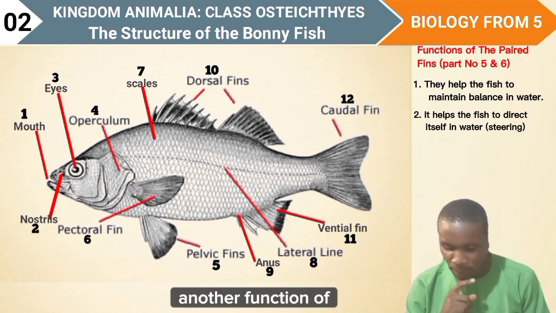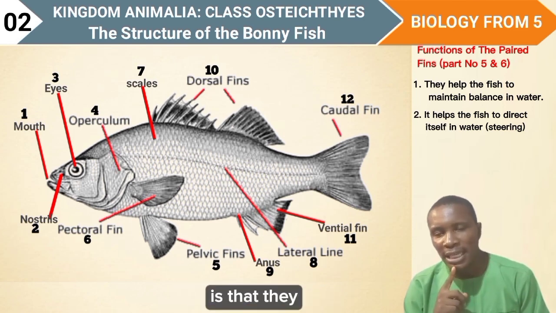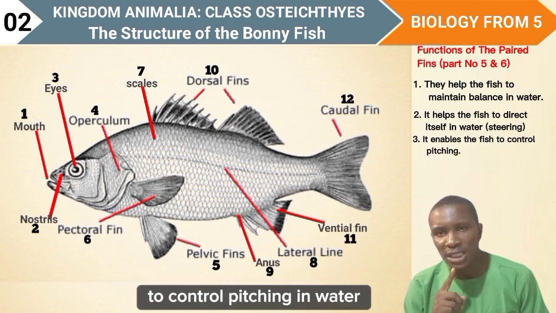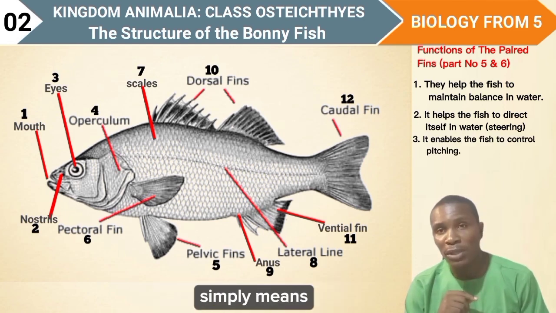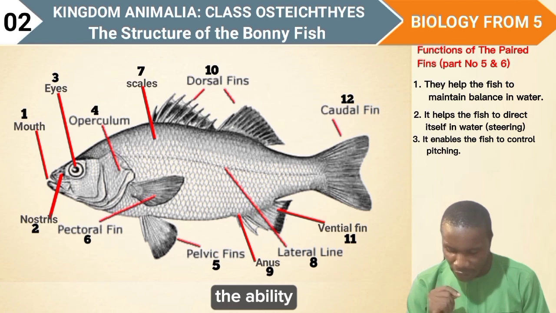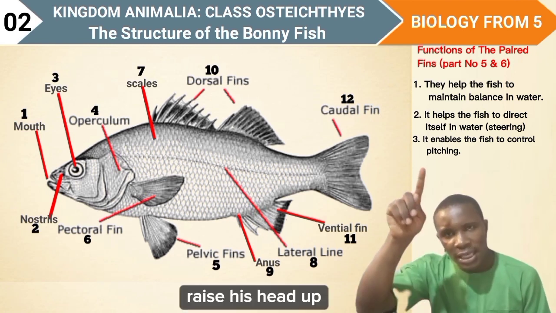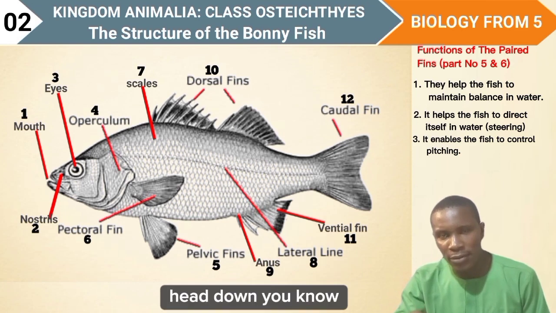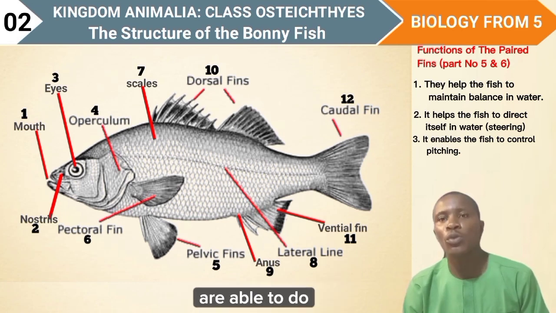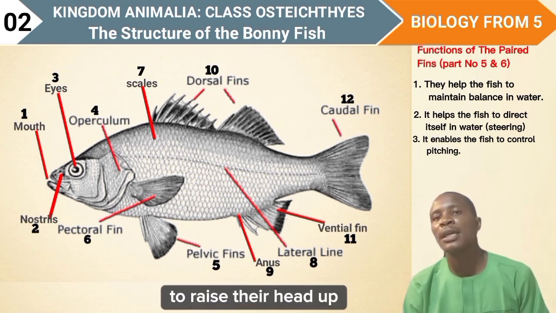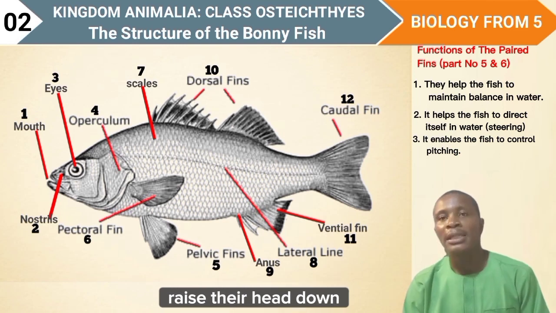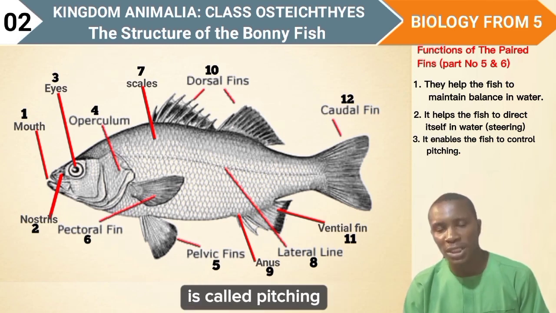Another function of the paired fins is that they enable the fish to control pitching in water. Pitching simply means the ability for the fish to raise its head up and raise its head down. Some fishes are able to do almost like lizards, to raise their head up, raise their head down. That ability is called pitching.